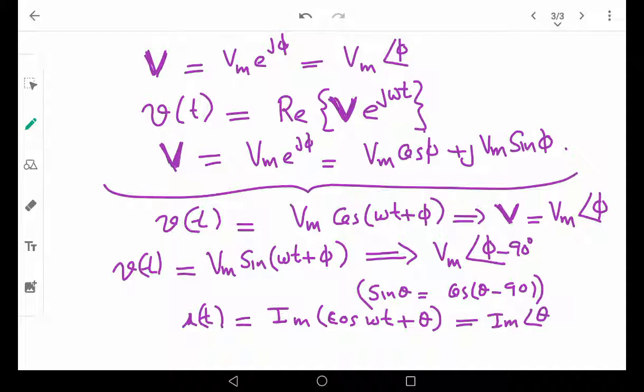And if it is Im sin(omega t plus theta), you can write it as a phasor Im angle theta minus 90 degrees. That's how you will write the various phasors.